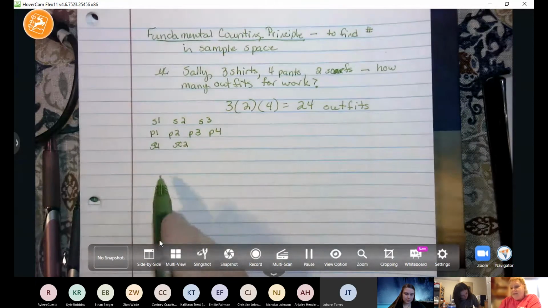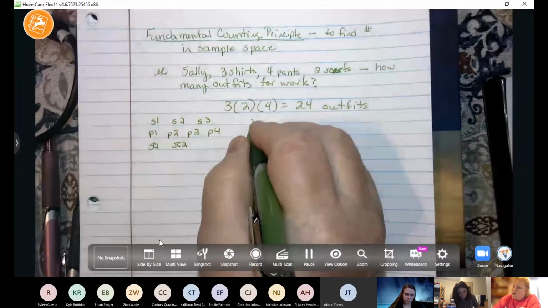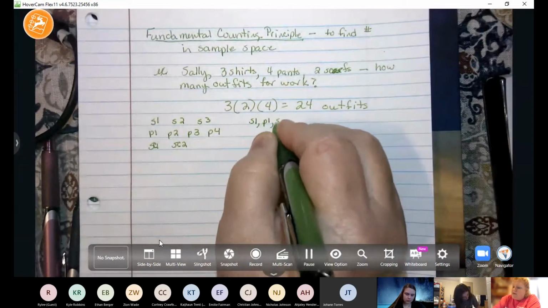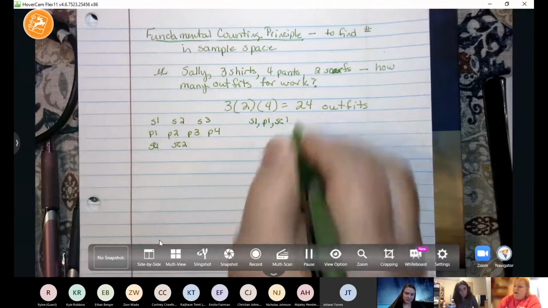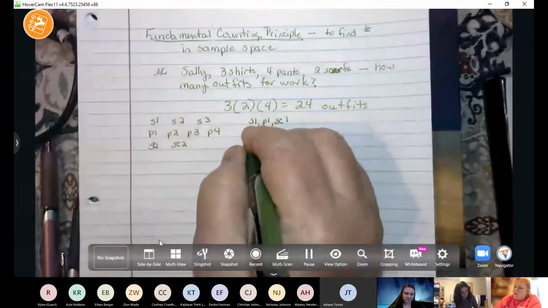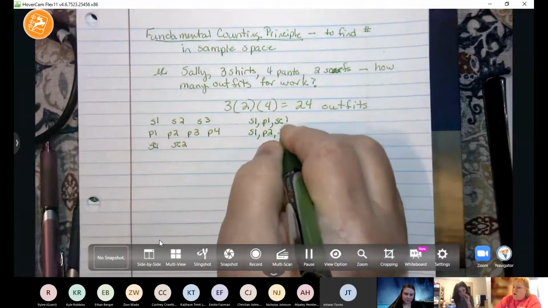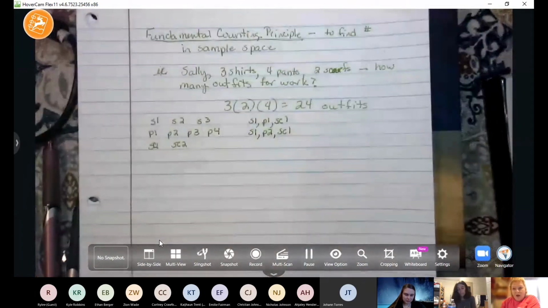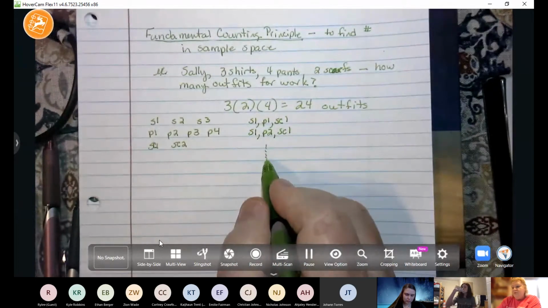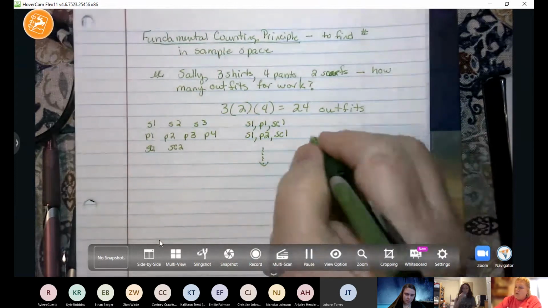And then we would have to make the combinations, okay? I would put shirt 1 with pants 1 with scarf 1. That's one combination. I would put shirt 1 with pants 2 with scarf 1. That's another combination. And I would have to go through and continue that list to figure out what the outcomes are.